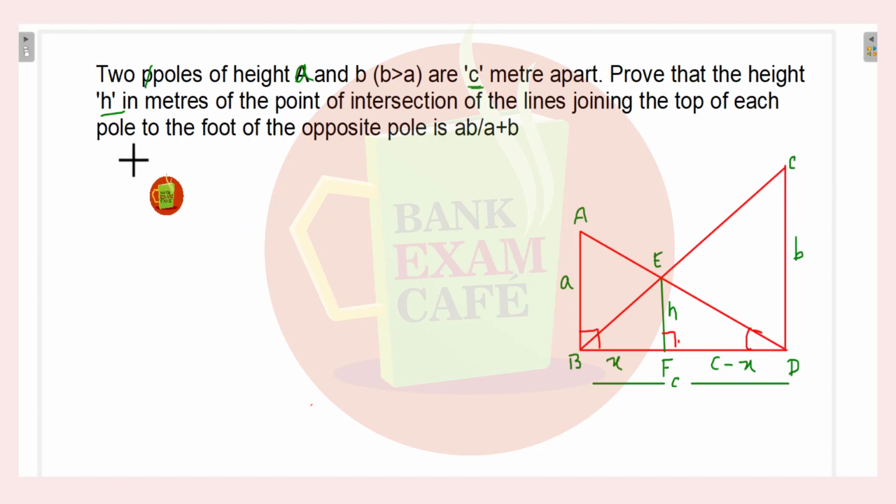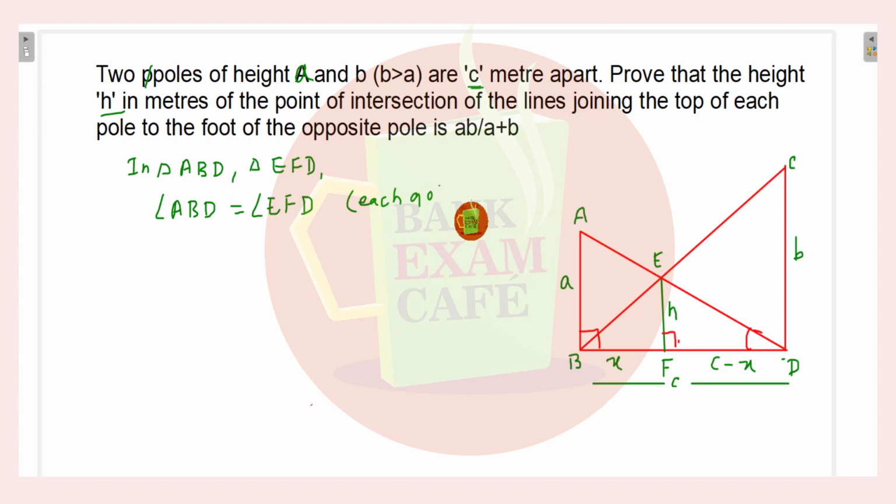So first we will write in triangle ABD and triangle EFD, we have angle ABD equal to angle EFD, because each is 90 degrees. Now here you will see that angle D is common.